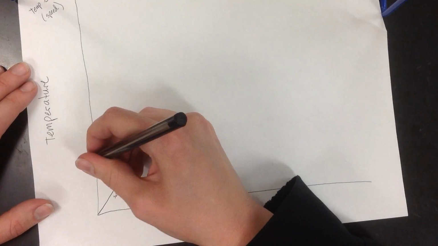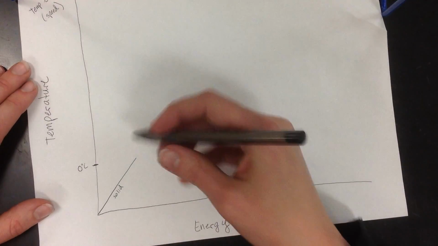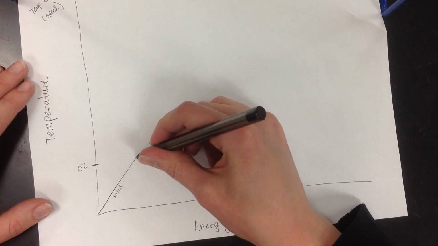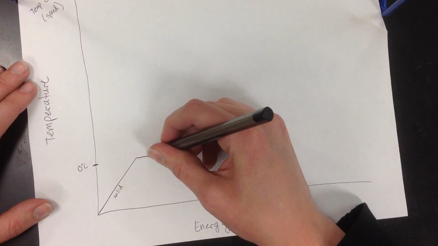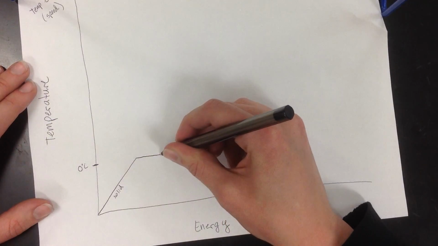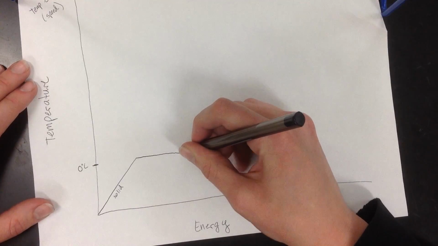For water, once you reach 0 degrees Celsius, these particles are no longer moving at different speeds. They start separating. They start pulling apart. They start getting further and further. We have enough energy that we have broken apart our lattice work.